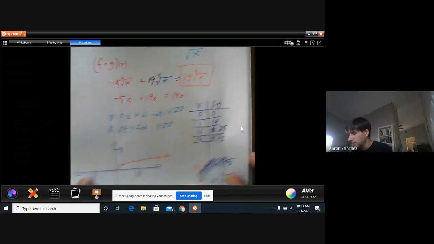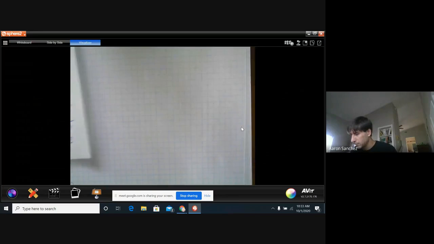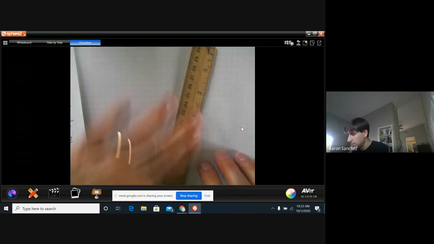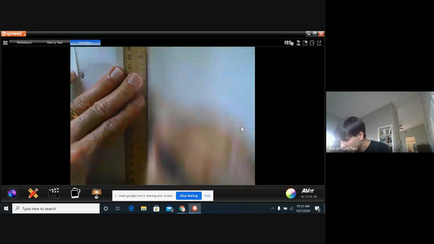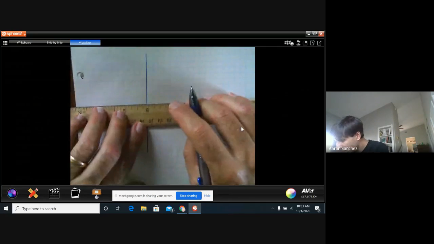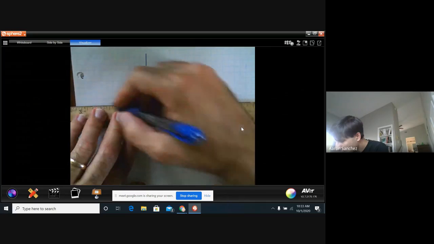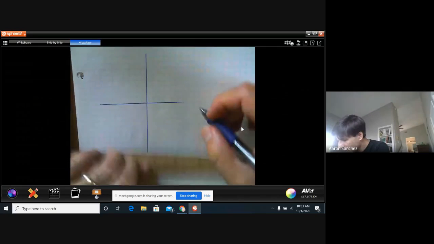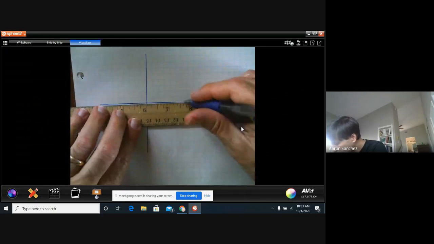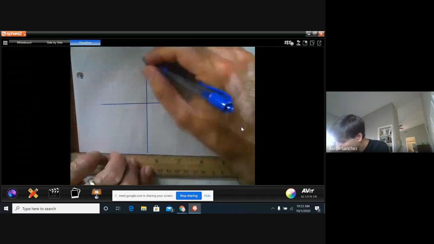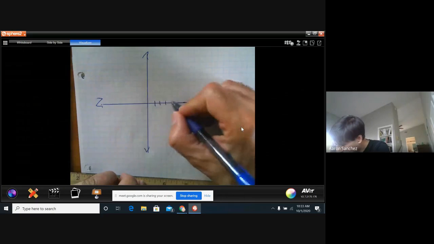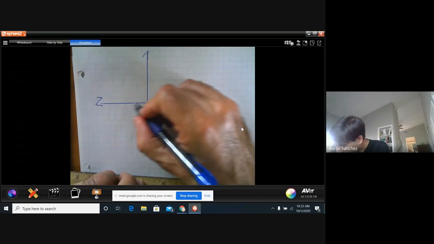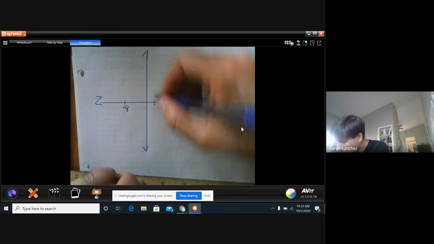So let me redo that. I forgot to multiply by 14. I'm really going to change the scaling on this one. I've got to look at my scaling like Ivan said. Now, let's see.